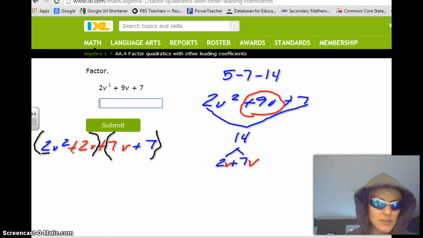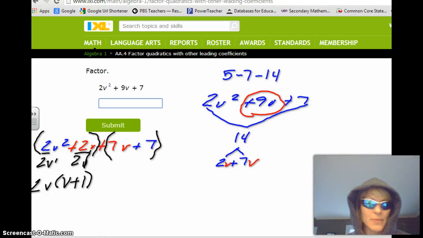Well, they both had 2, and they both have a v. So 2v will be my GCF, and then 2 divided by 2 is 1, and v squared over v to the 1, we subtract that, and that will give me v. Bring my plus down, and then 2 divided by 2 is 1, and then the v's cross off. Okay? So I just factored that part.